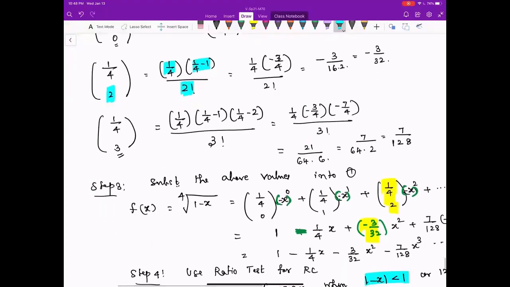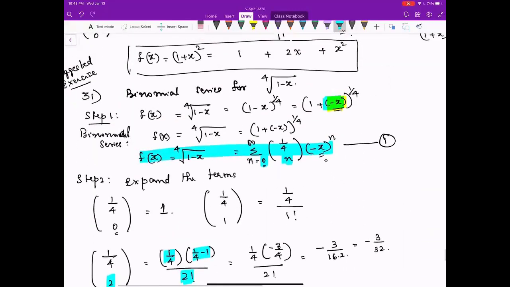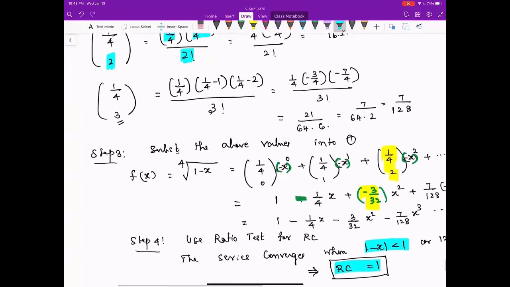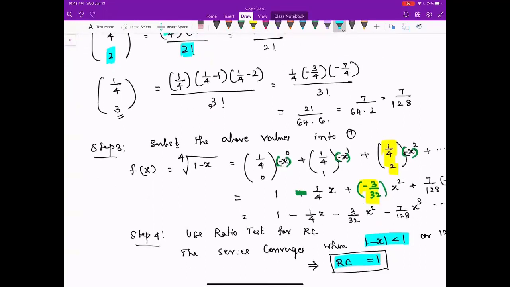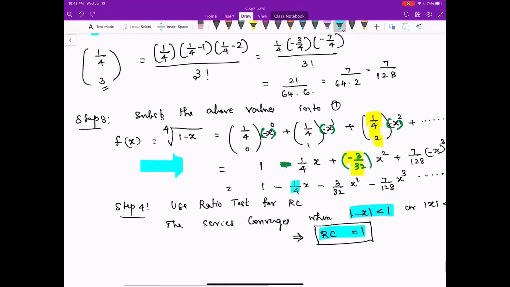So substituting these values into the binomial series, keeping in mind we have negative x to the power n in the first step, we have all of this here. You can simplify these values if possible. Then after we write that as a series, we also have to write down the radius of convergence.